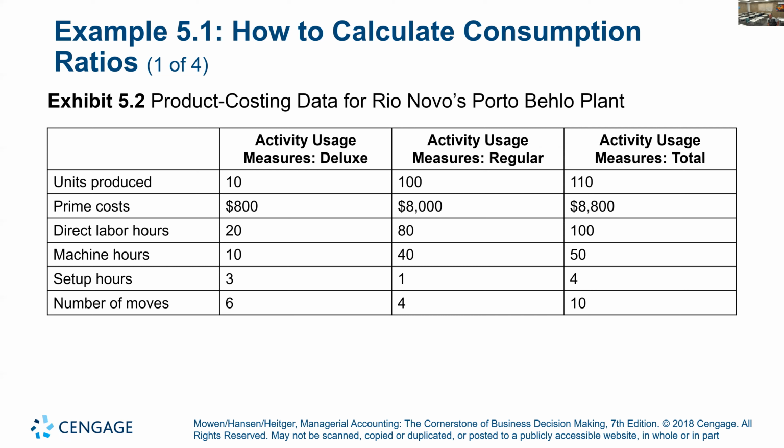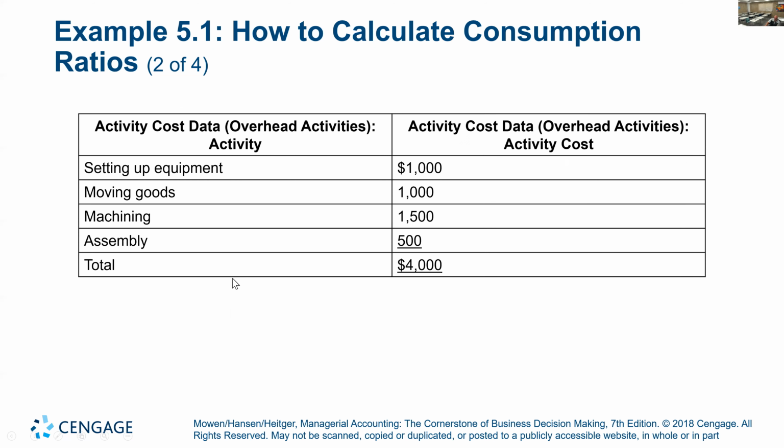And then we have some different things here. We have direct labor hours, machine hours, setup hours, and number of moves. These are all going to be our activity drivers. Here are our activities: setting up equipment, moving goods, machining, and assembly.